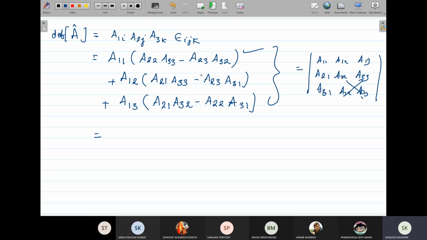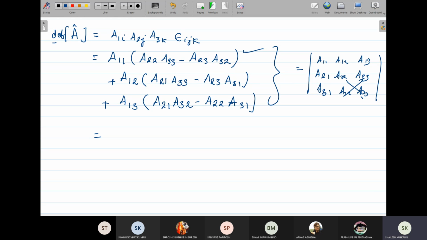Then A12, A21 A33 minus A23 A31. You can write that as minus of this into this. If you arrange this minus sign here, you will get the determinant.